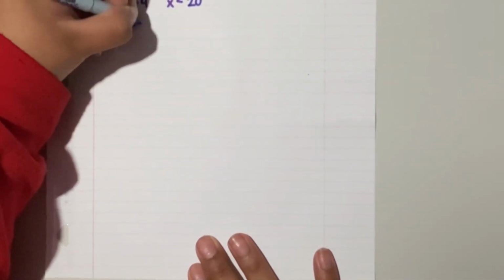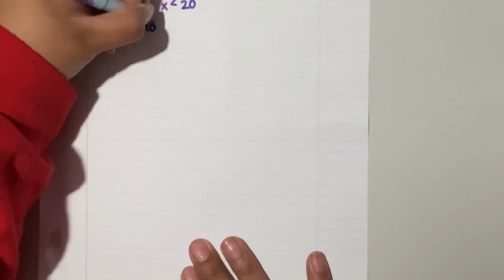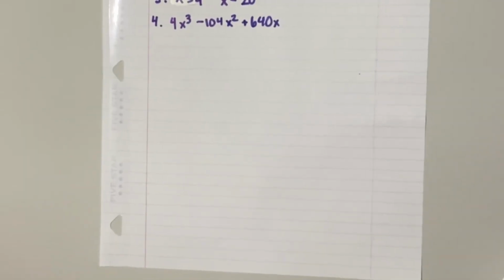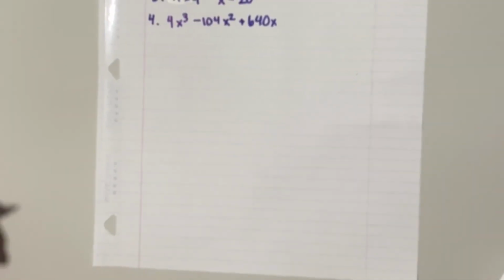For number 4, we have to determine the side length x of the square that maximizes the volume of the box. To do this, we have to use the expression that we got after we followed our first expression, which is 4x cubed minus 104x squared plus 640x. Now we have to find the derivative of this expression.